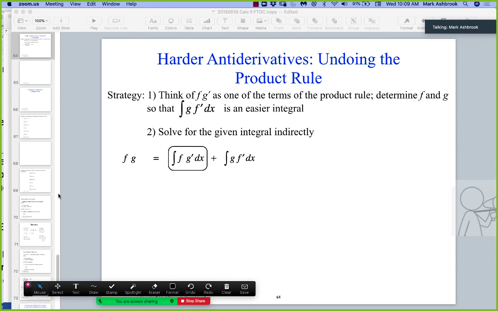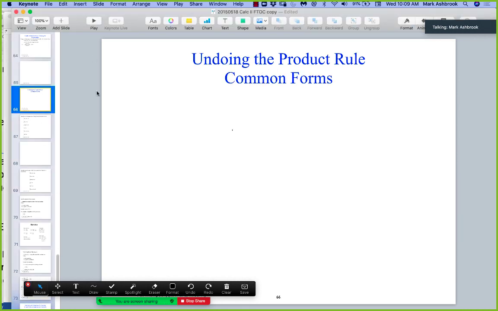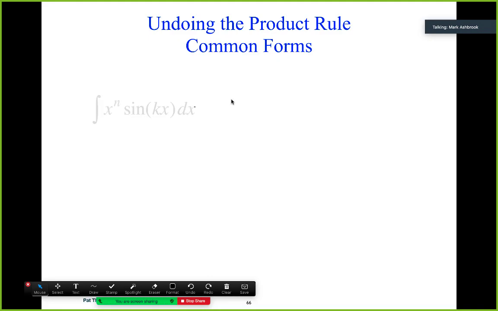So let's review the product common forms. So we saw this, right? x to a power times sine or cosine. These are the forms you're on the lookout for to say, oh yeah, I'm going to do undoing the product rule. The first one we did was x to the first times cosine. And then we did x squared times e to the x.